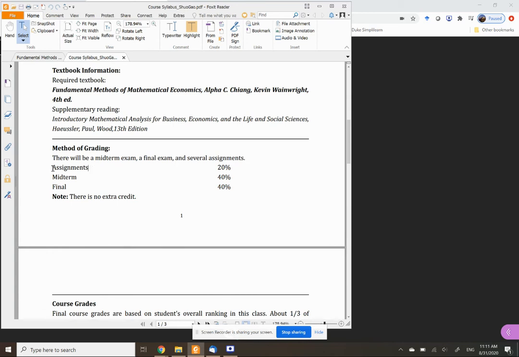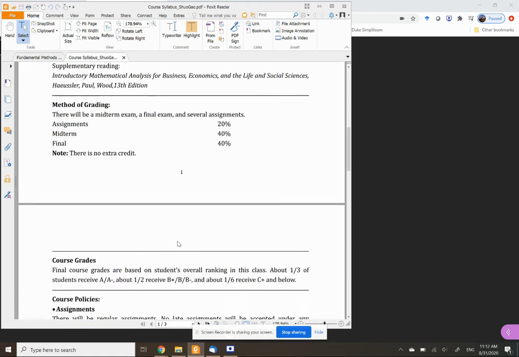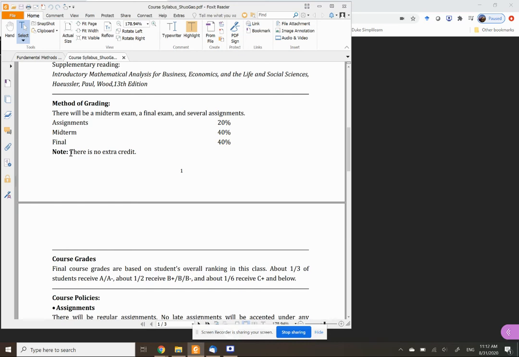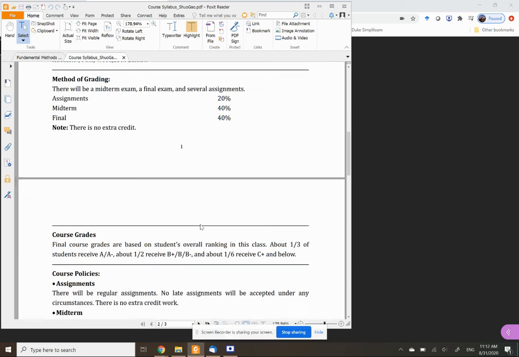There will be several assignments, a midterm, and a final. Each exam will be 40% of the weight. And there's no extra credit.